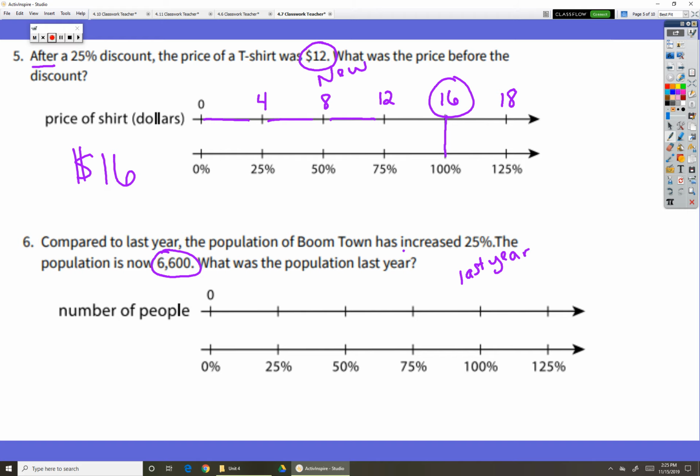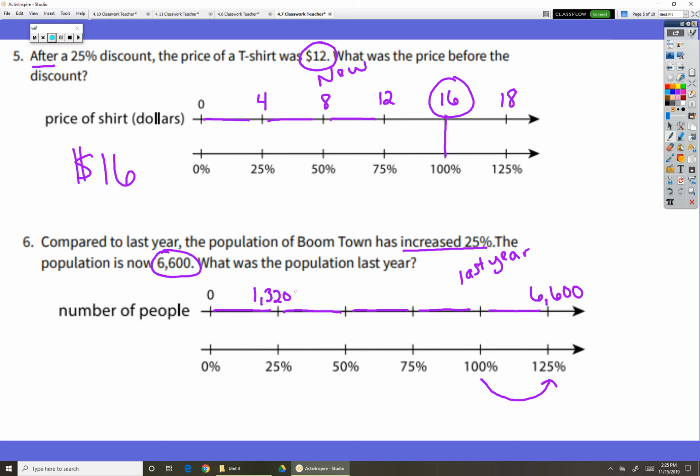Now we know that it increased by 25%. So if we increase 25%, that's where our 6,600 needs to go. So now I need to decide how I'm going to number my number line. This has 1, 2, 3, 4, 5 sections. 6,600 divided by 5 is 1,320.